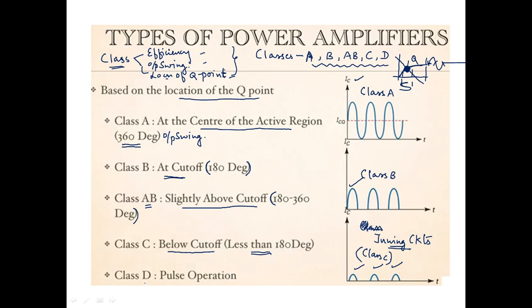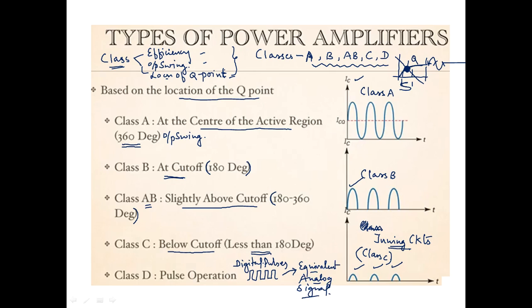Finally, the class D amplifier. It's a special kind of power amplifier because here we try to convert analog input to an intermediate pulsed output. So the output here is in the form of pulses. These are all digital pulses, and these digital pulses are finally converted back to their equivalent analog signal.